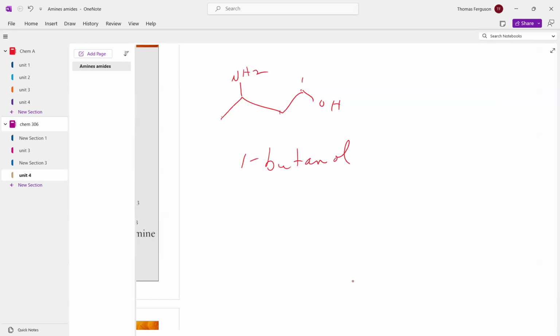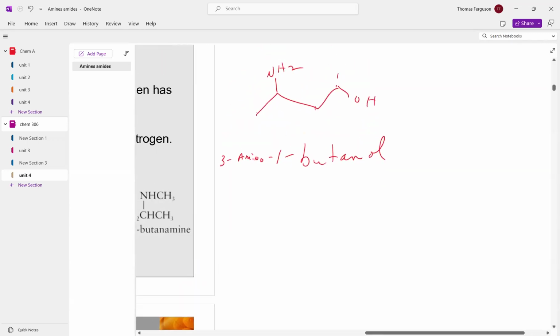So that's 3-amino-1-butanol. However, what if instead of hydrogens on the nitrogen, we had methyls on there or ethyls? So let's do the same thing. How do we name that?